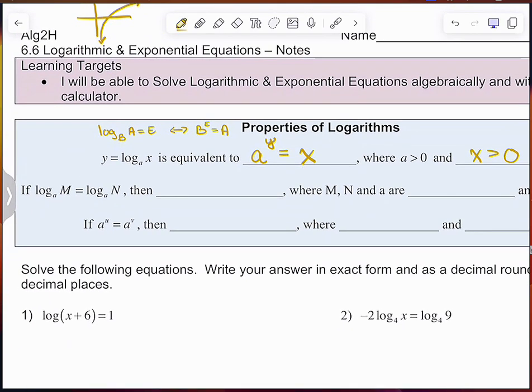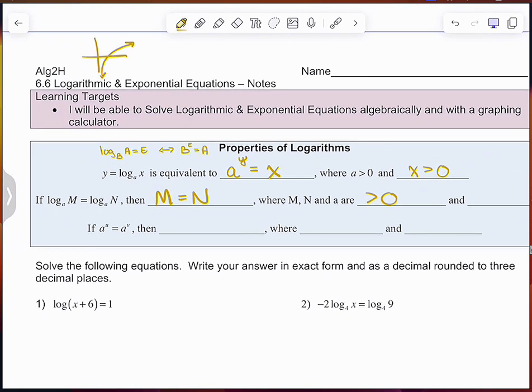Okay, this next one. If they have the same log base, then the insides are equal. M equals n. M, n, and a are all greater than 0.